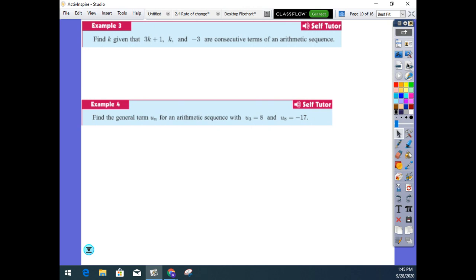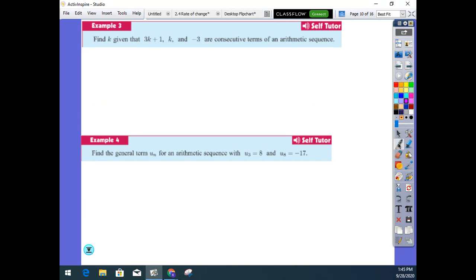All right. Example 3 is not tough, but it helps for you to kind of make sense of it. So to me, what helps, 3k plus 1 is my first number. K is my second number. -3 is my third number of an arithmetic sequence. So how do I find D?